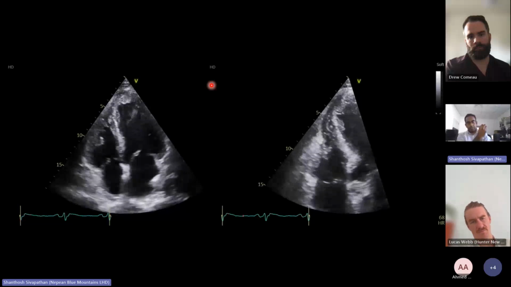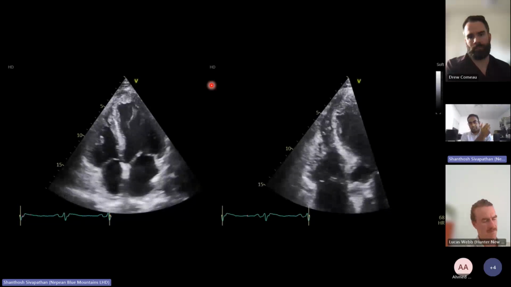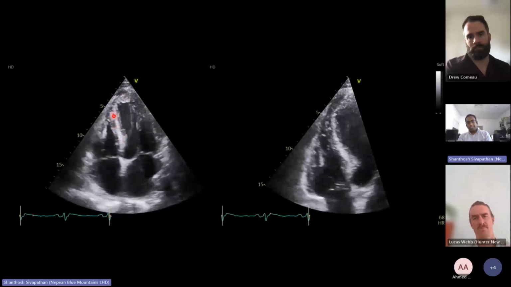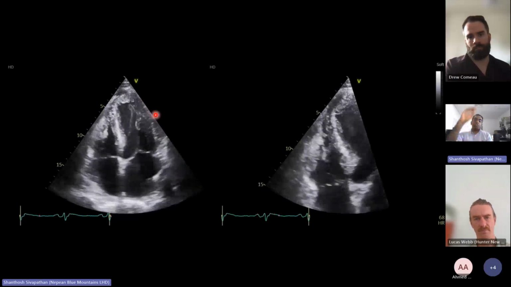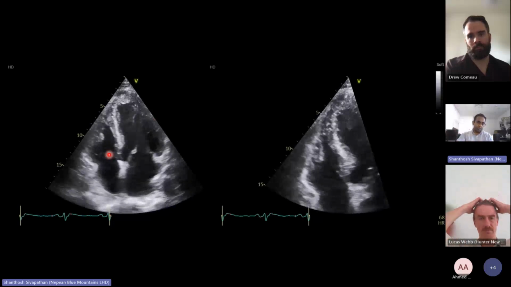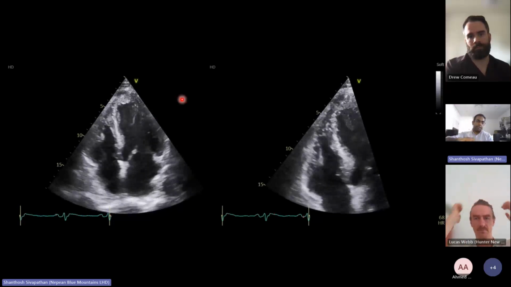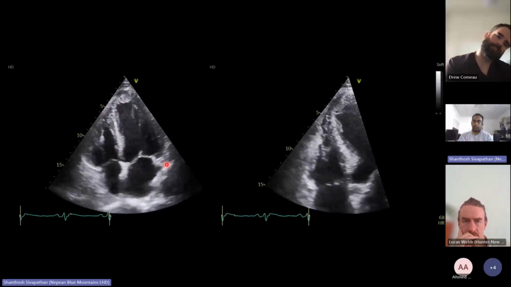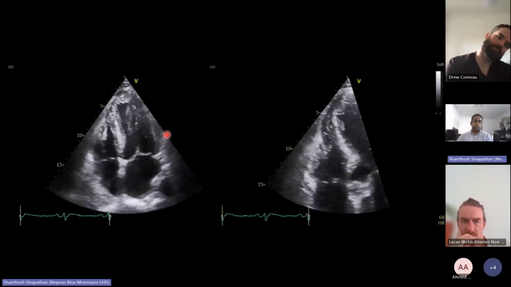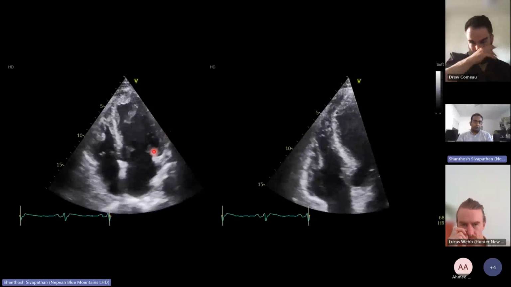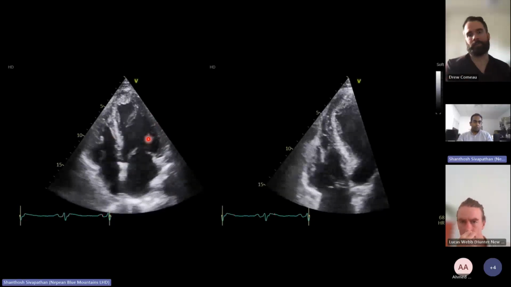So this is like red blood cells and platelets really clumped up together. Sometimes you can get this when your gain is super high, so if you see this, turn down the gain and reassess to see whether this is actually spontaneous echo contrast, or SEC. SEC means there's low flow there, or slow flow, just blood pooling.